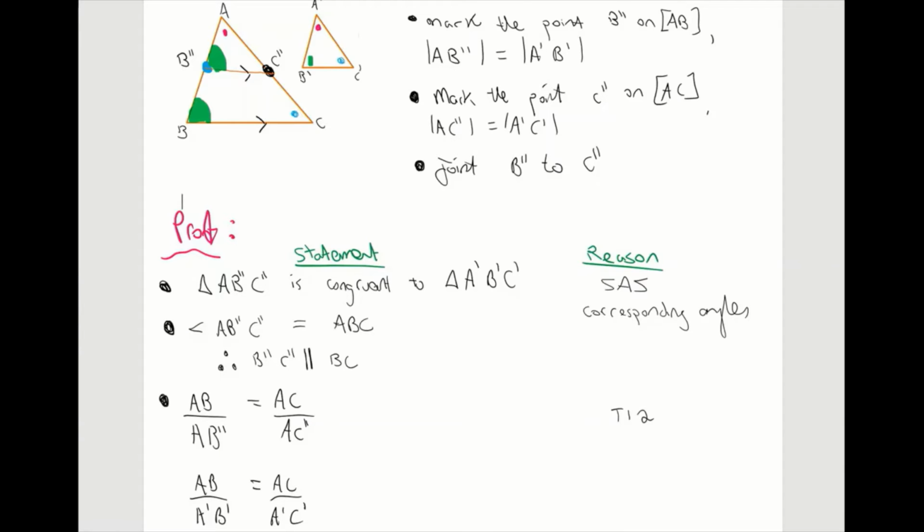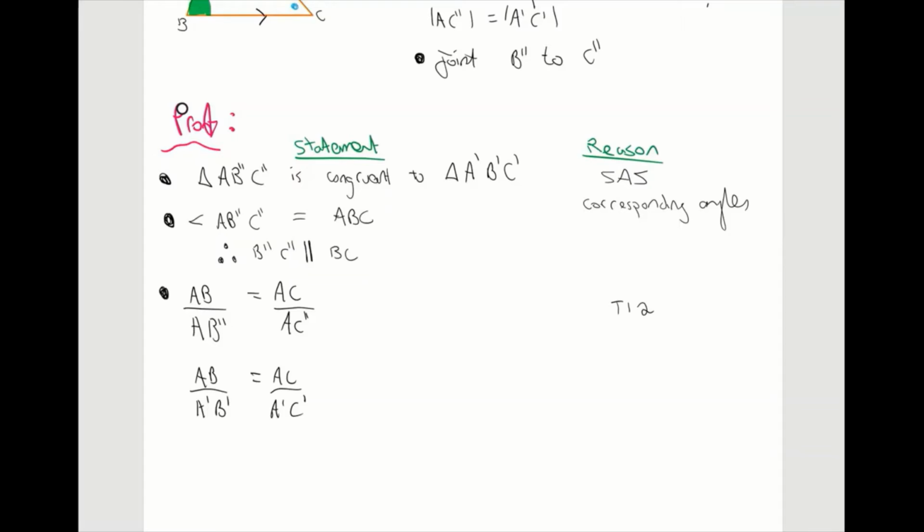And finally, we're going to make our final statement, which is that BC over B dash C dash is equal to AB over A dash B dash. So that's basically what we can conclude.